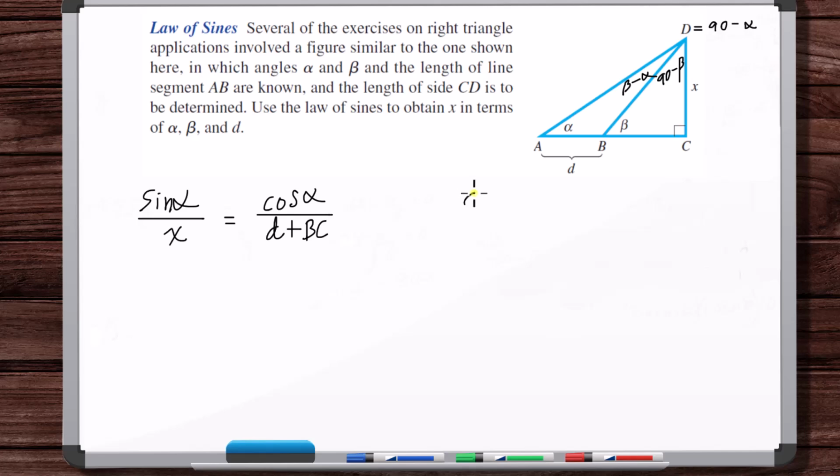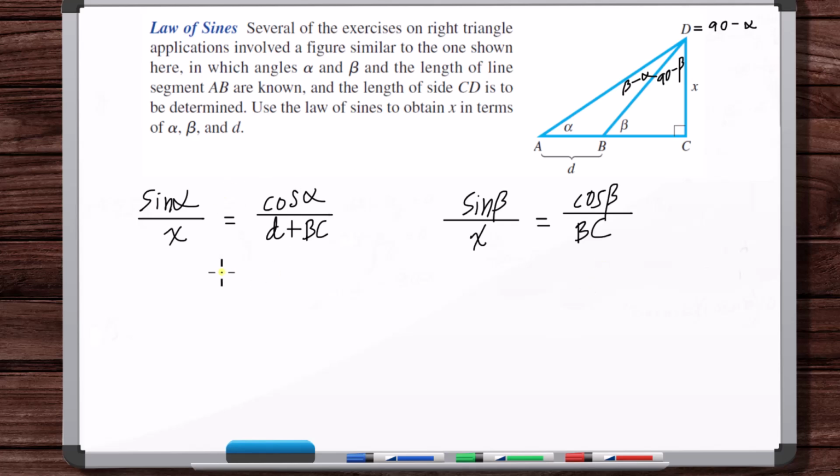Sine of beta, and again, I don't want to use regular trig functions because sine of beta is x over this length, and I don't want to deal with this length if I don't have to. So sine of beta over x is equal to sine of 90 minus beta, which is just cosine of beta, over BC.